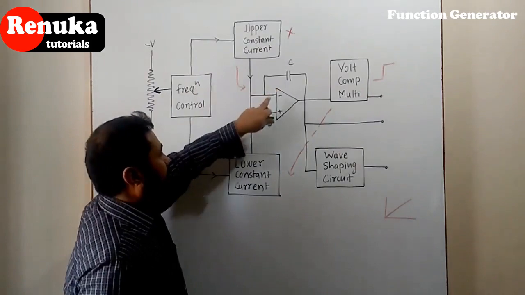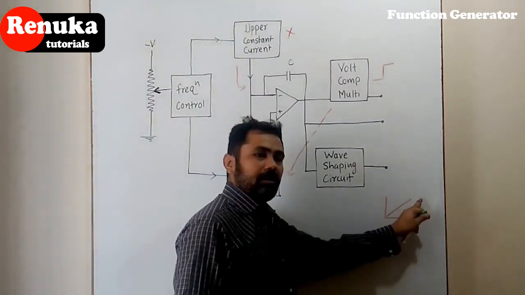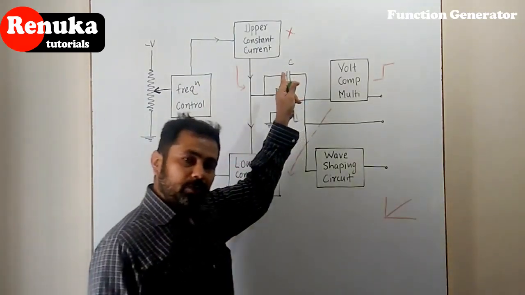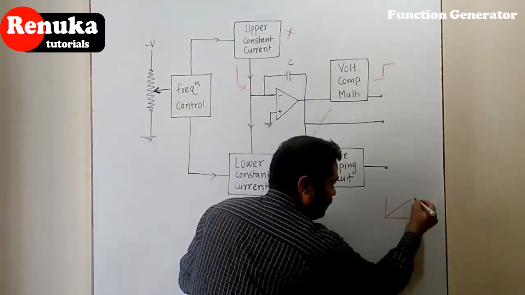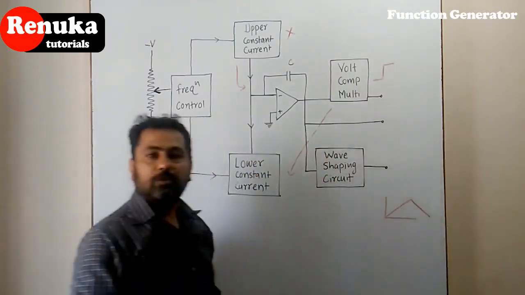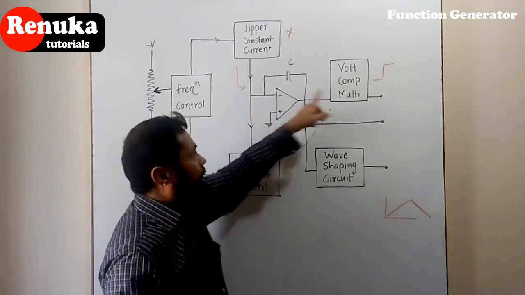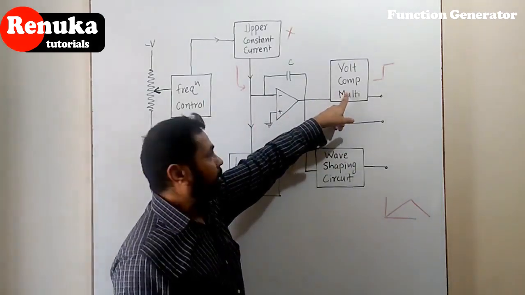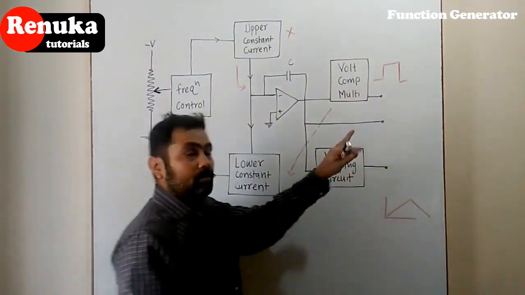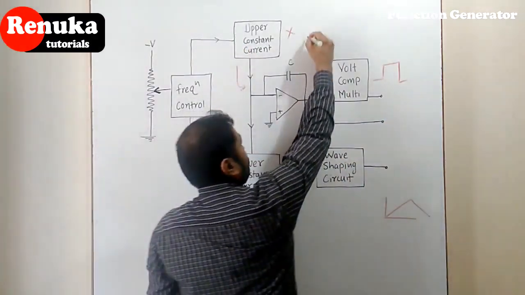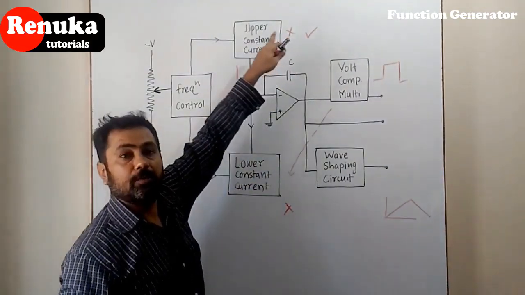Now what will happen here? The current through the integrator will be reversed, and due to which, when a positive ramp was generating at the time the upper constant current source was on, now the ramp will be generated like this. So due to reverse current, the integrator will change its output. Again, after comparison, this will again switch the state. Now the lower constant current source will be off and the upper constant current source will be turned on.